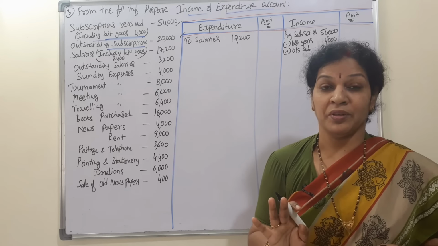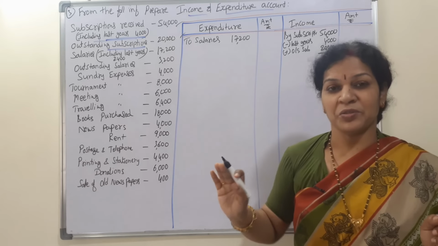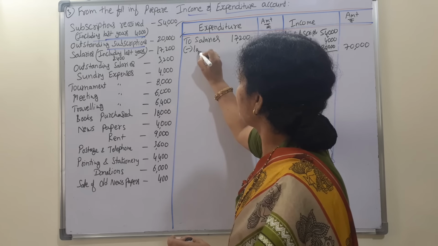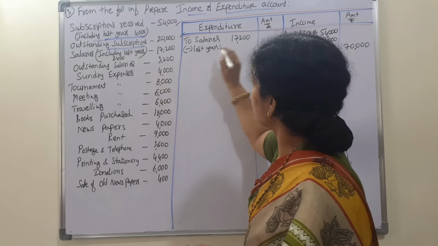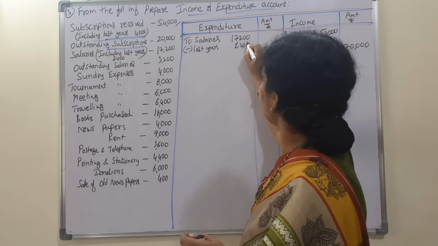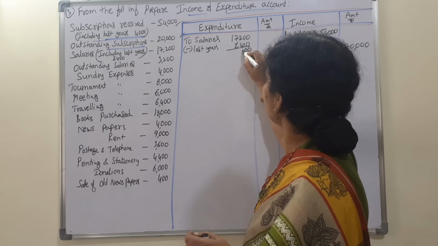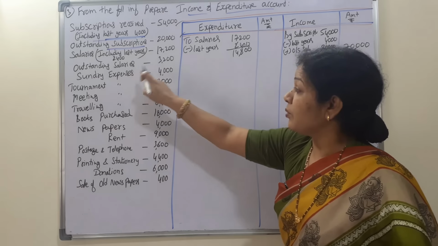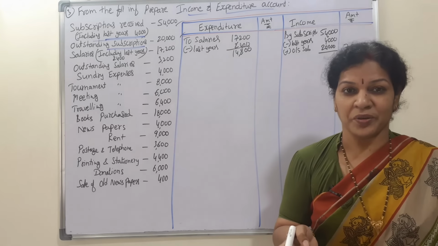No, because to know the exact profit, we don't want last year. So we'll deduct last year's 2,400. If you deduct, we'll be getting 14,800.